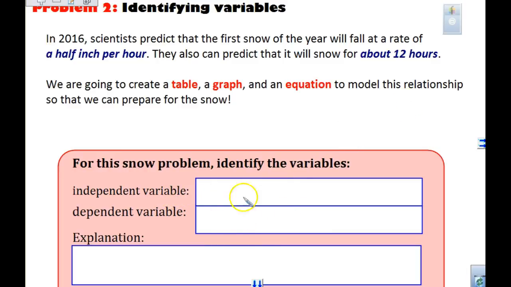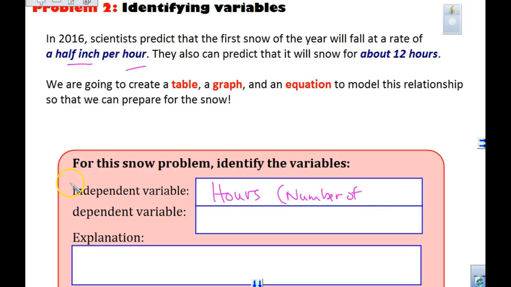What do you think is the one that we get to look at periodically that we might be looking at? If we're looking at snow per hour, our independent variable probably is going to be our hours. Okay? And in this case, it's going to be the number of hours.